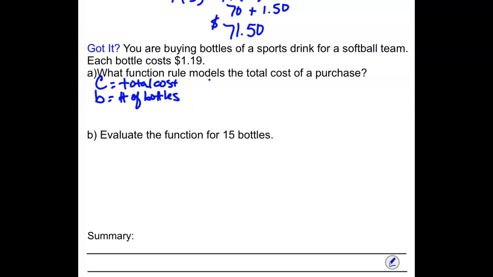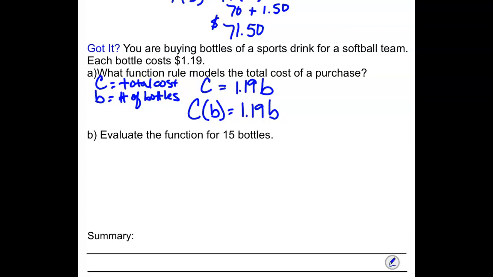Okay, so our total cost is based on the number of bottles of sports drink that we get. We're going to spend $1.19 for every bottle. Okay, so that would be a function rule. If we wanted function notation, we could say cost is dependent on the number of bottles. So instead of just a C, we could say C of B.